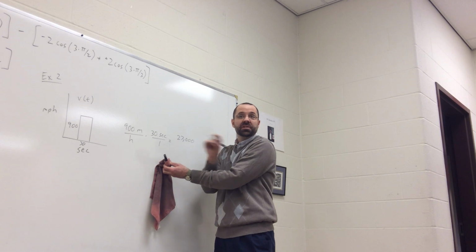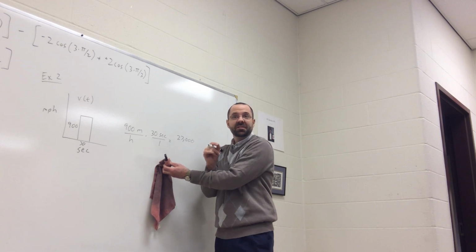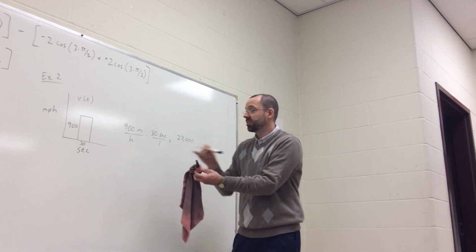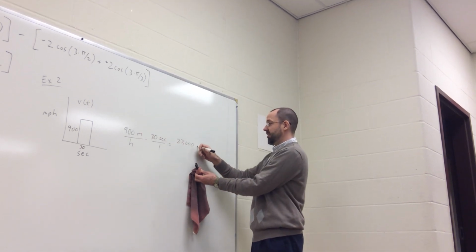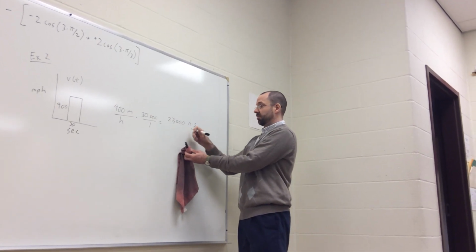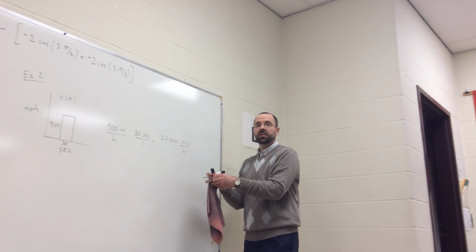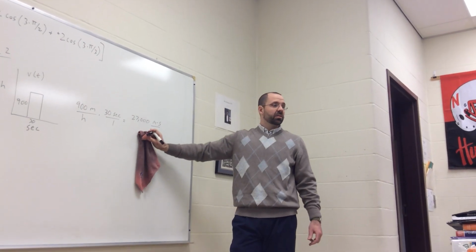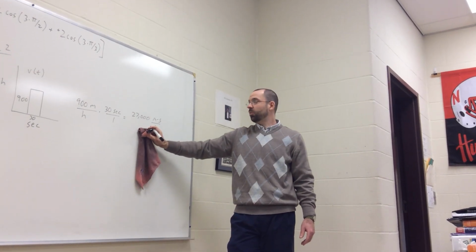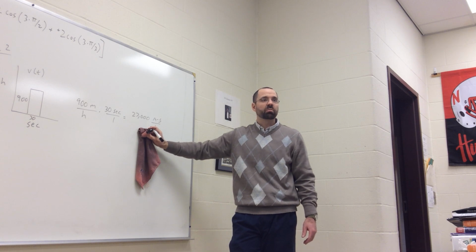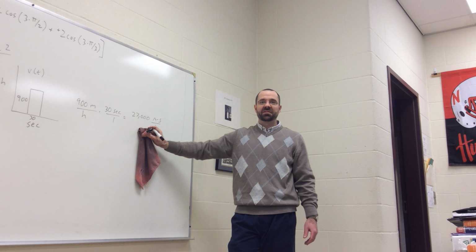A foot times a pound is a foot pound. A newton times a meter is a newton meter, so a mile times a second is a mile second per hour. So you could say to the person they traveled 27,000 mile seconds per hour. And they'd say, what? I don't know what that is.